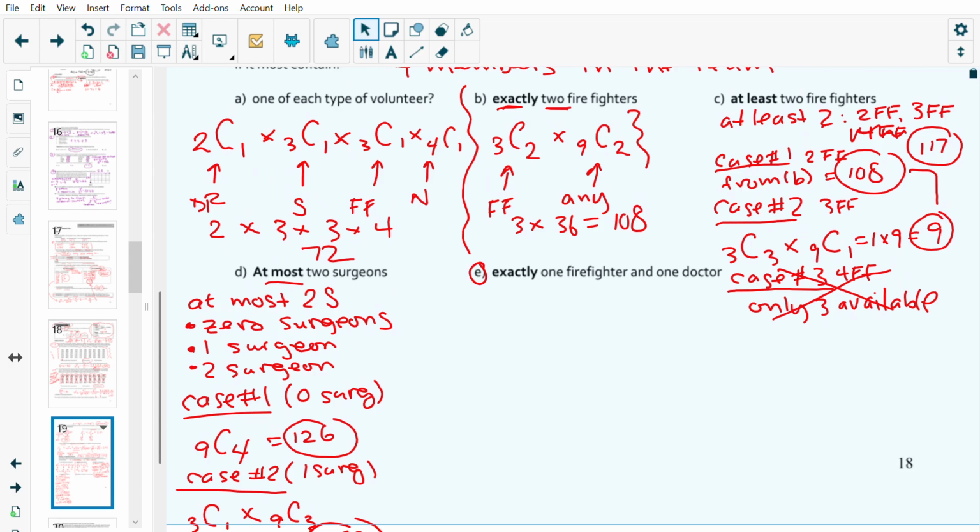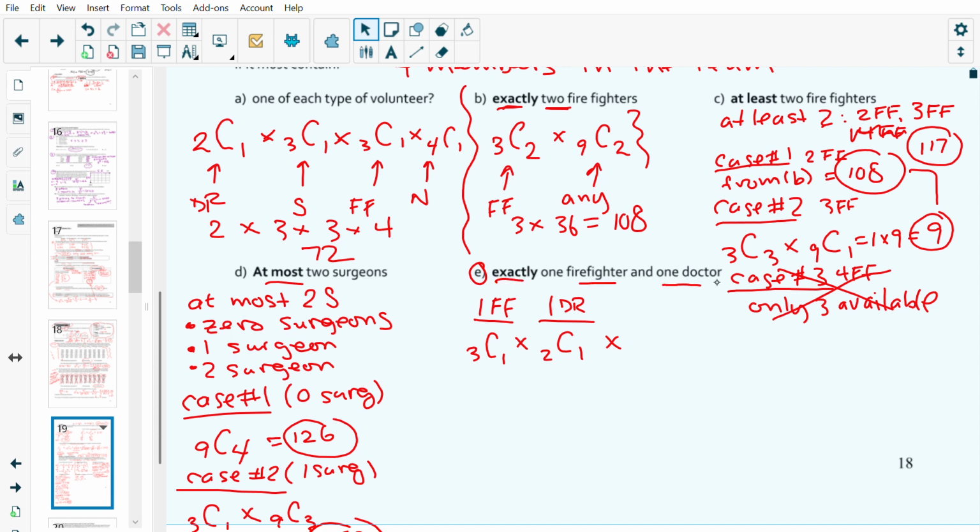Okay, exactly 1 firefighter, letter E, exactly 1 firefighter and 1 doctor. How many ways to select 1 firefighter? Well, I have a pool of 3 of them, a combination of 3 things, and I just need 1. Okay, 1 doctor. I have 2 possible doctors, a combination of 2 things taken 1 at a time.